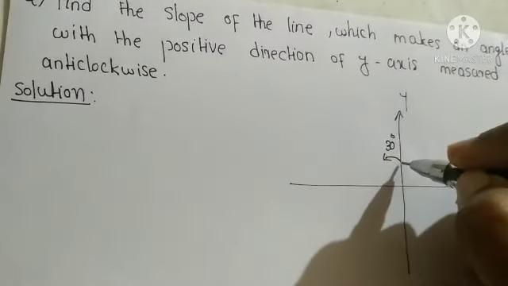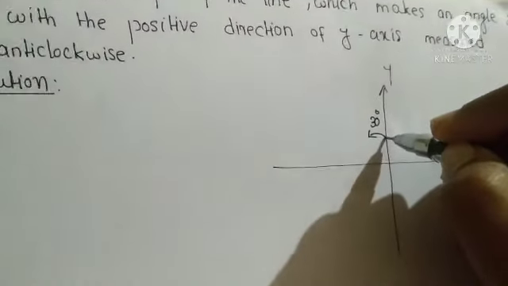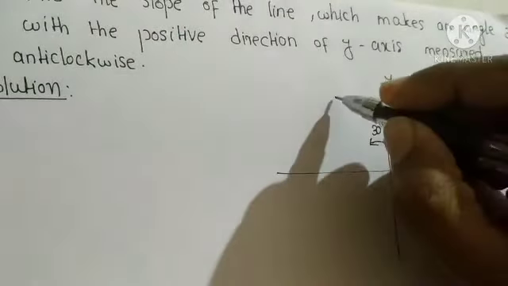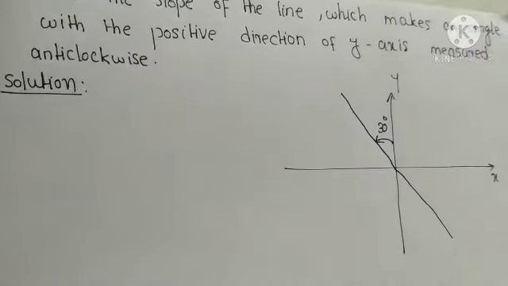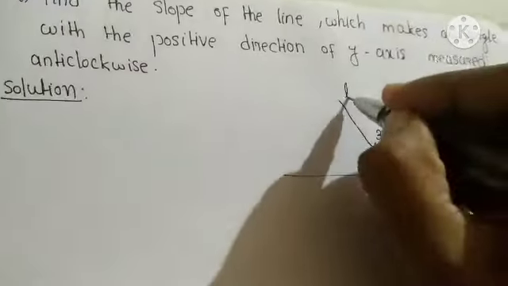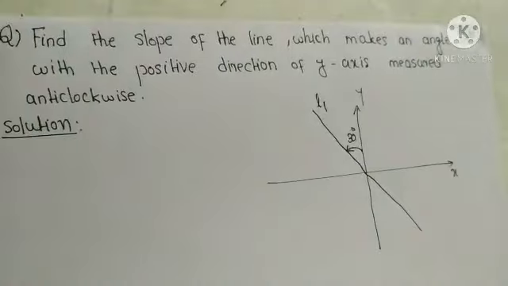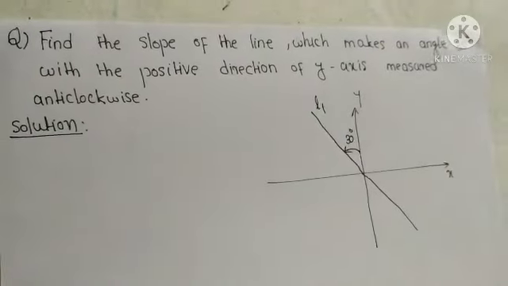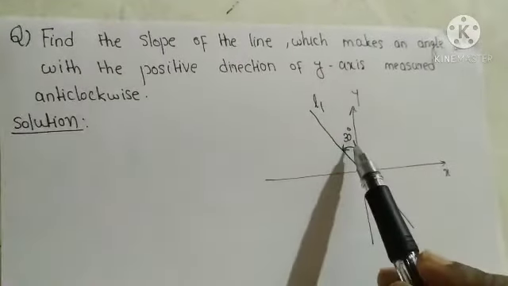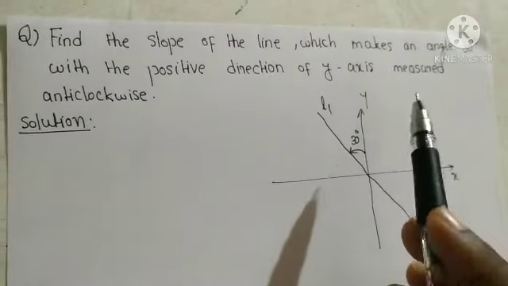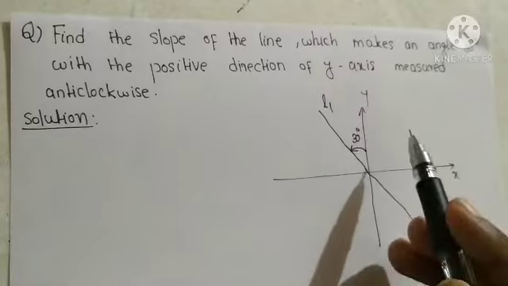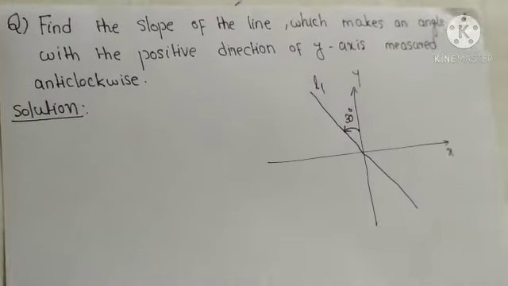From here we take a 30 degree and draw a line here. So this is our respective line L1. So 30 degree is the angle with the positive direction of y-axis measured anti-clockwise, right?